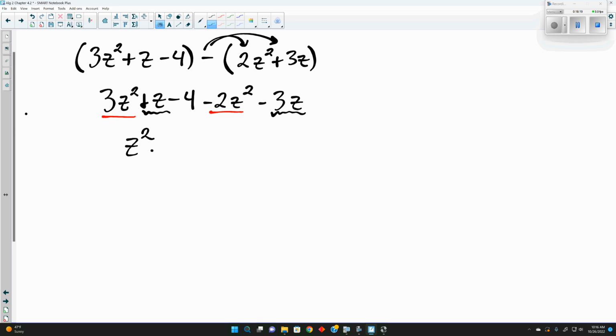Positive z minus 3z is negative 2z. Our next term we have is negative 4. Is there another like term with negative 4? No, so it's just minus 4. Questions on this here?